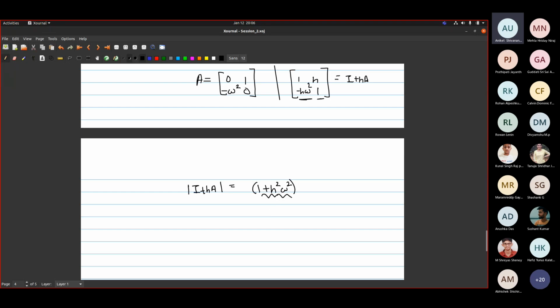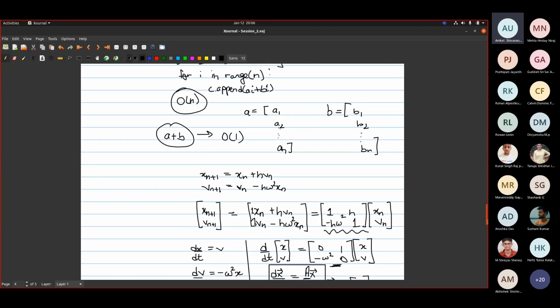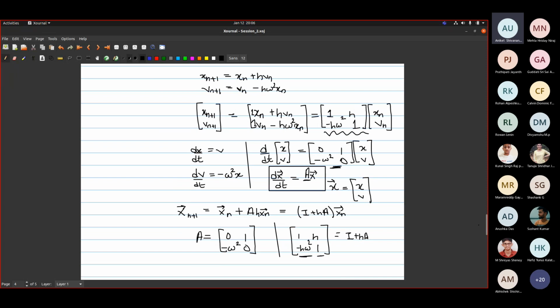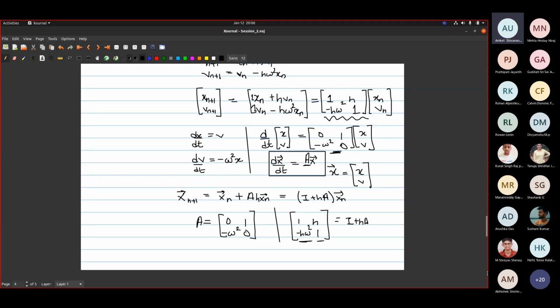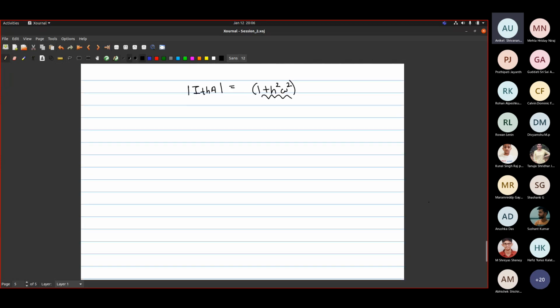So this is not 1, and in fact this is positive, and this is what tells us why our solution kept increasing. Now if I try to find it for our new algorithm, that I will do later. First I want to show you, or rather let's do this thing and we will look at the code at the end. So for our new algorithm, xn plus 1 equals xn plus h times vn.